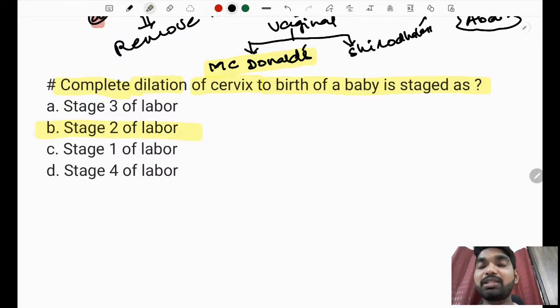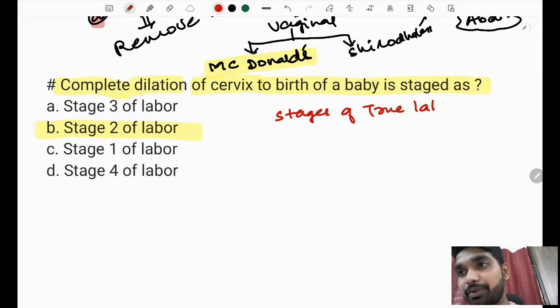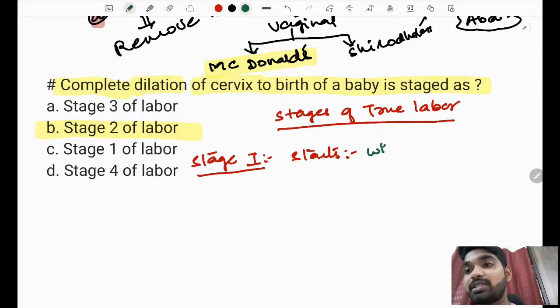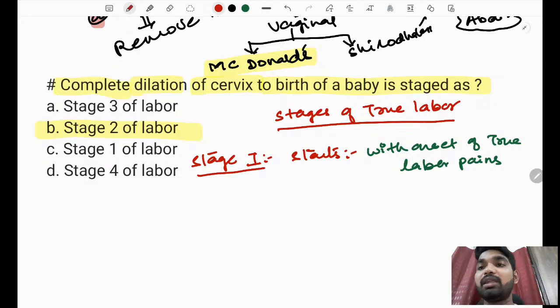So let me quickly revise the stages of true labor. I want all of you to make notes on this. Stages of true labor. Stage 1: what is stage 1? Stage 1 starts with the onset of true labor pains, and it will end with the full dilatation of cervix.